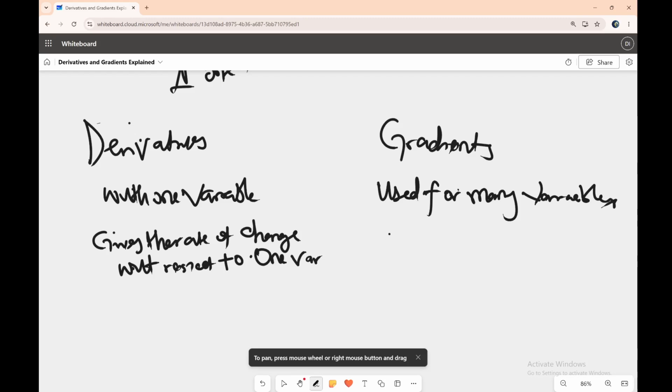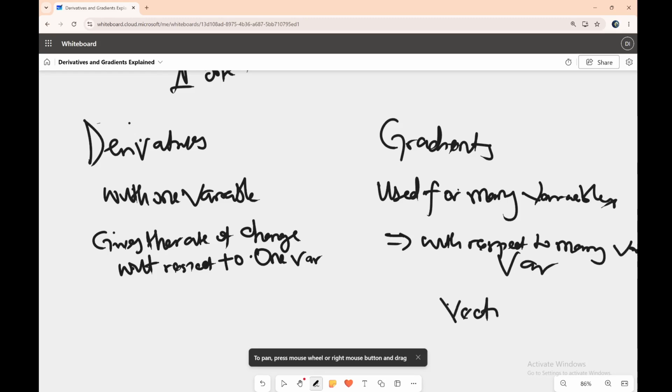I'm going to use var, and this one gives us the rate of change with respect to many var, spelled out here as variables, okay? And then remember, I did mention that the resultant here is usually a vector, whereas here we're going to have something like a number, or maybe even a function, okay?